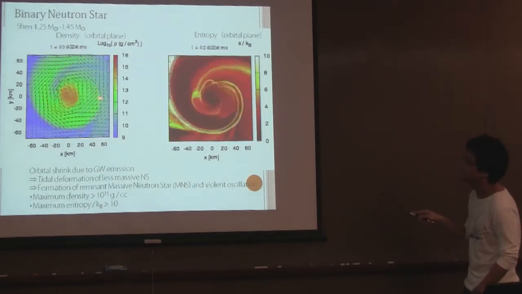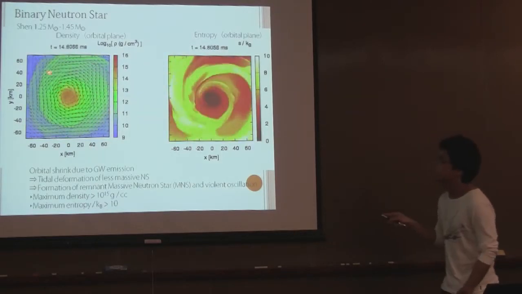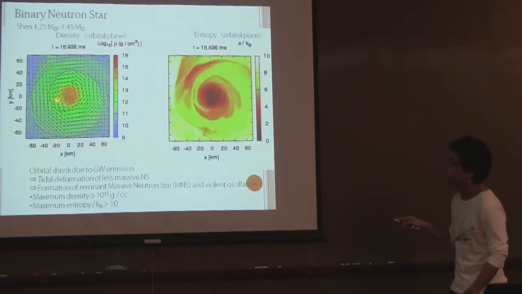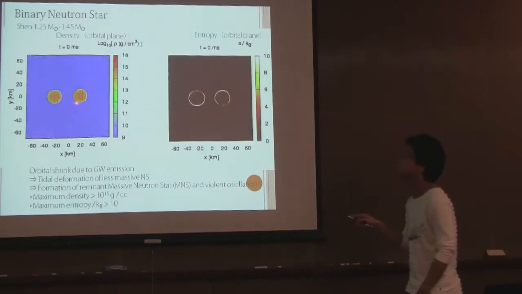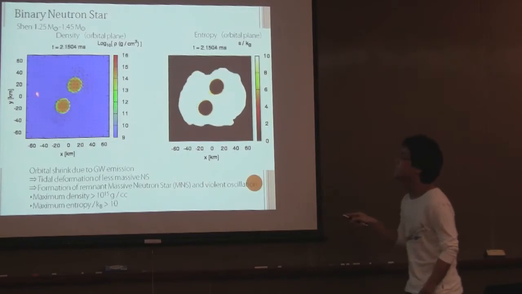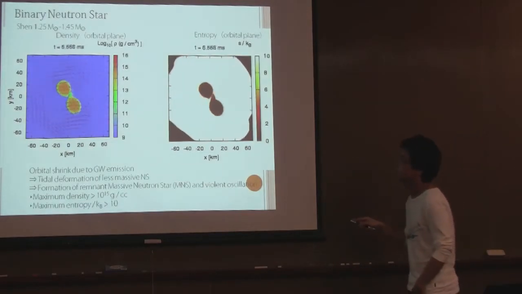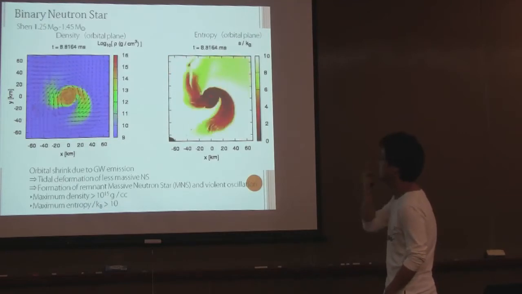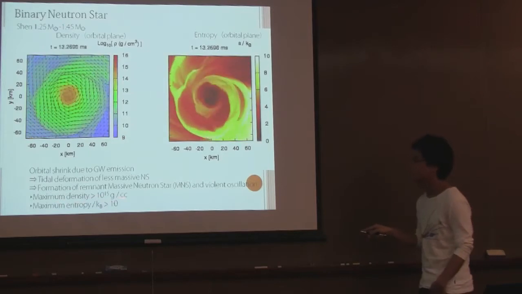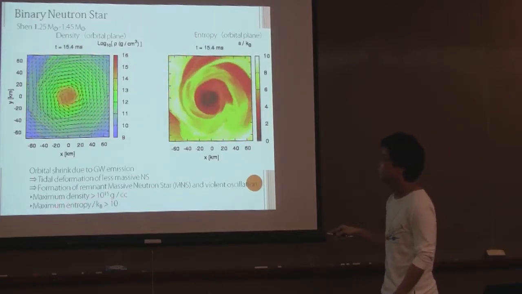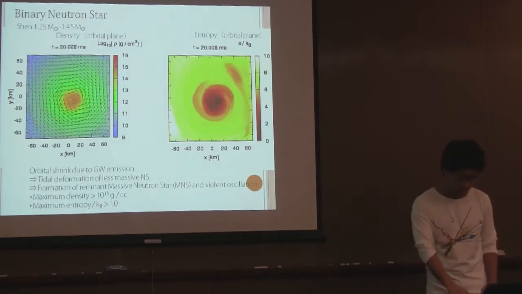Then the less massive neutron star is tidally deformed. And the tidally elongated less massive neutron star forms a satellite around the massive neutron star's core, and then a massive neutron star remnant is formed, which shows violent oscillations. The typical maximum density is greater than 10 to the 15 grams per cubic centimeter, and the maximum mass is greater than 10 in units of solar mass.